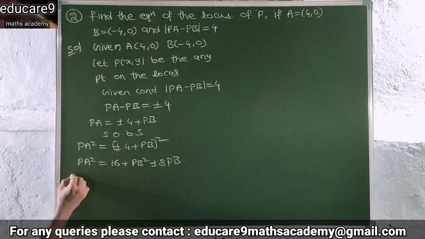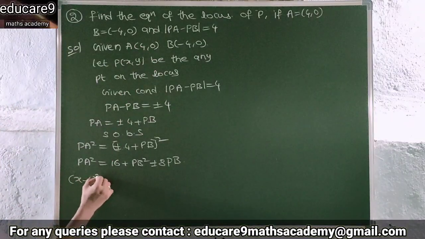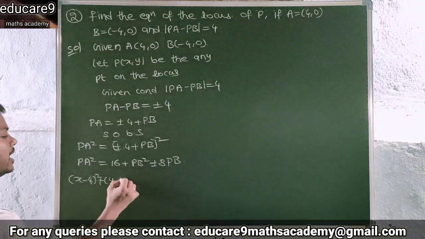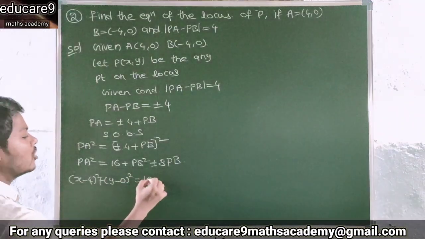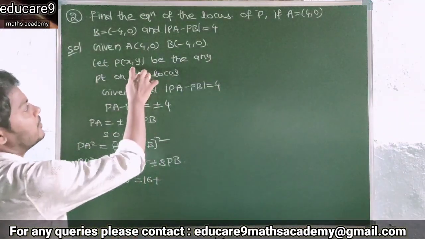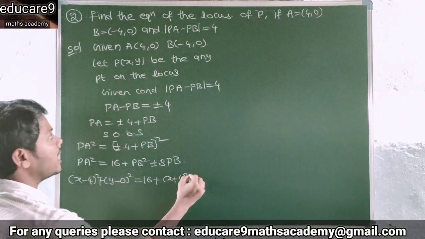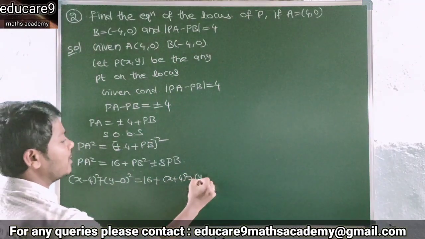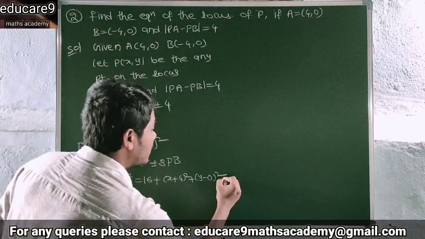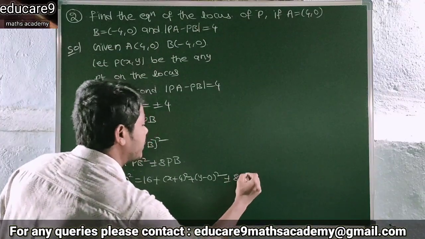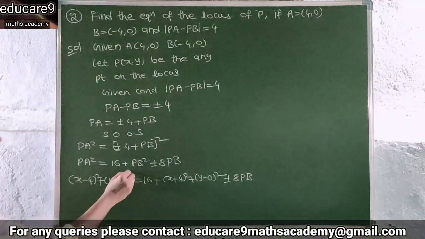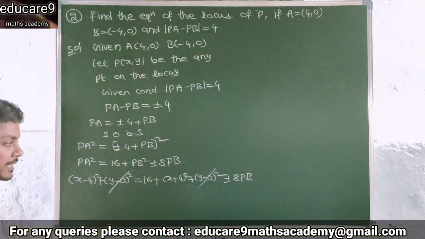So that is (x - 4)² + (y - 0)² = 16 + PB², the distance between P and B, that is (x + 4)² + (y - 0)², ± 8PB. Clearly (y - 0)² and (y - 0)² get cancelled.